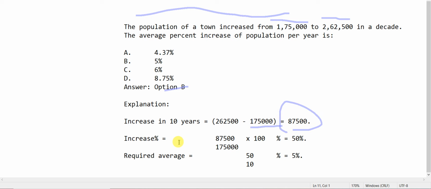Now to calculate increase percent, the formula has already been discussed in part one: increase divided by the population into 100%. So it is 50%. The required average will be 50 upon 10%, which equals 5%. So option B is our answer.